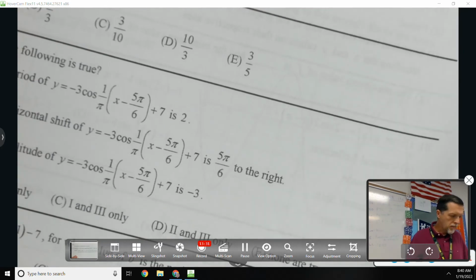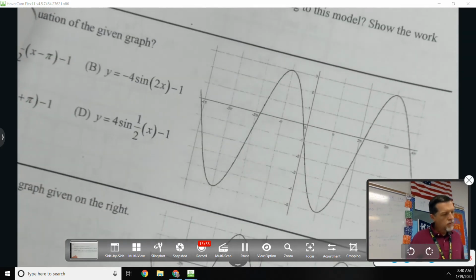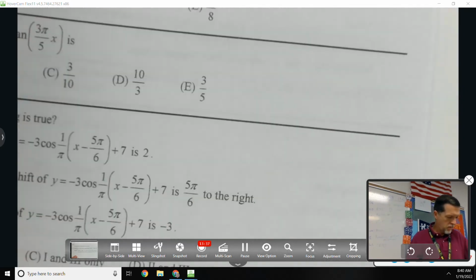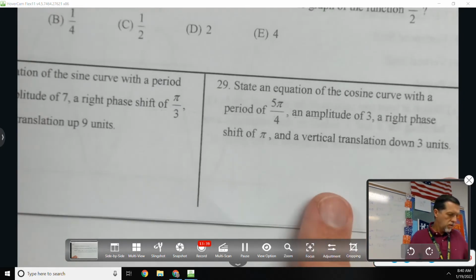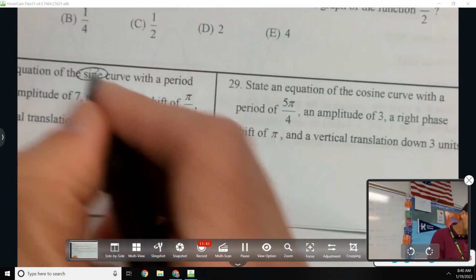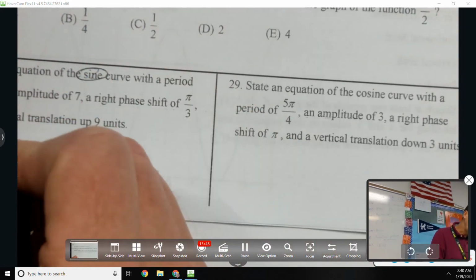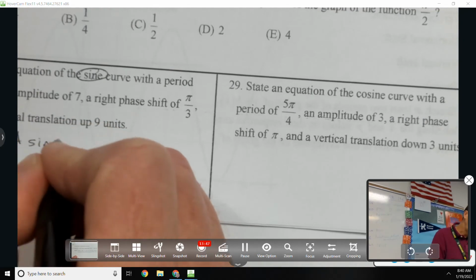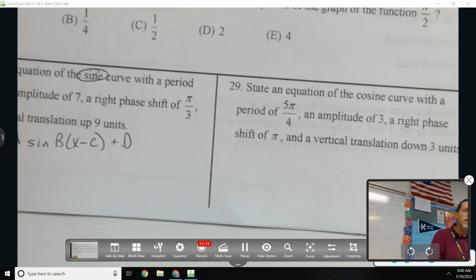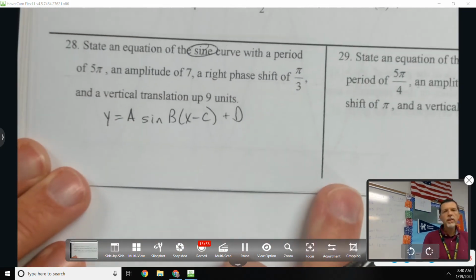Ones where 28 and 29 where we have to write or state the equation. Okay. Let's do 28. State an equation of the sine curve. So I'm going to go ahead and write the sine curve, and then I'll just fill in where I need to.